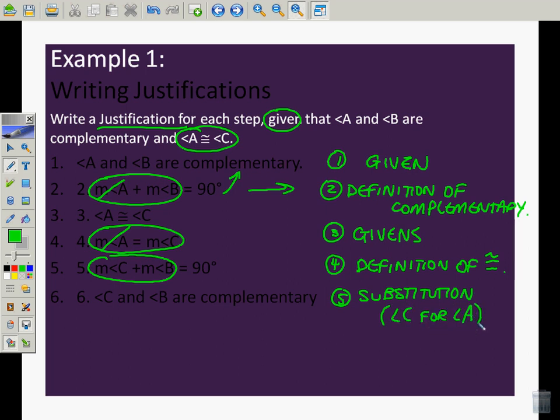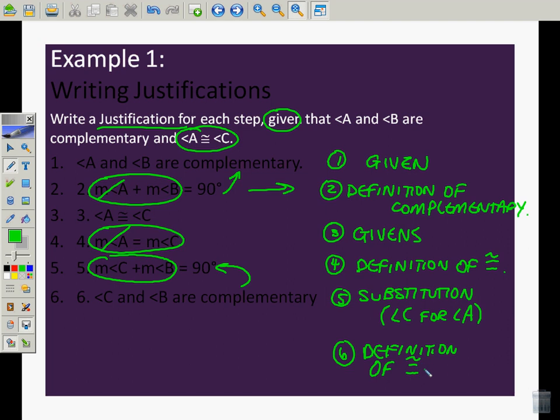Now if I look down the bottom at 6, I'm looking at my previous line. How are they related? Angle C and angle B are complementary. Well, duh, because C plus B is 90. So to me, that is the definition of complementary.